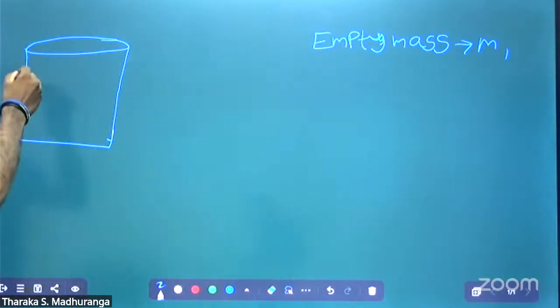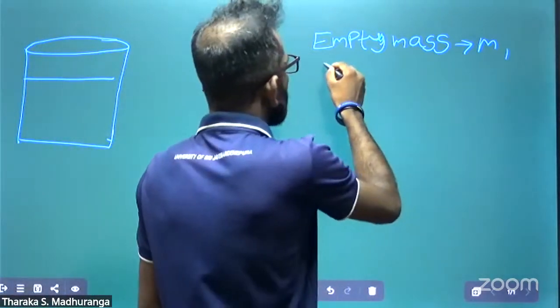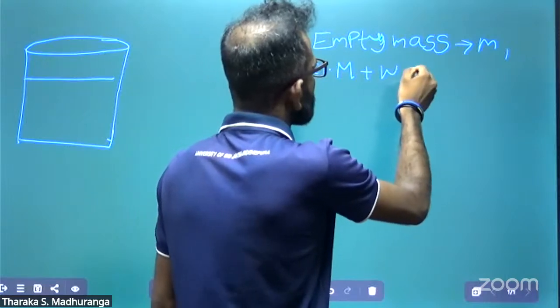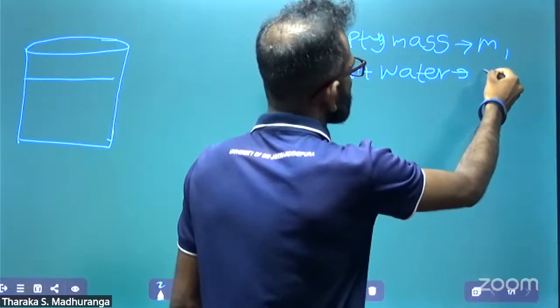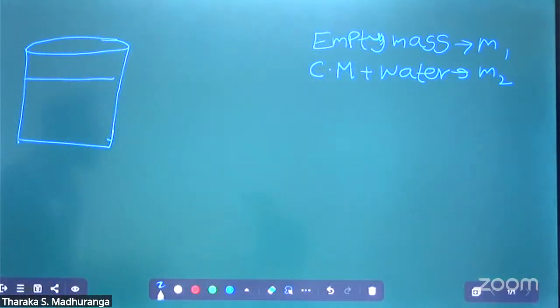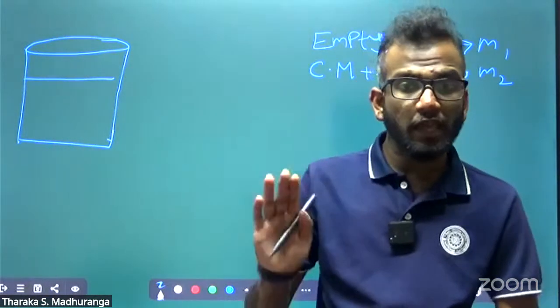After that, fill water into this calorimeter and get the mass, calorimeter plus water. It is M2.